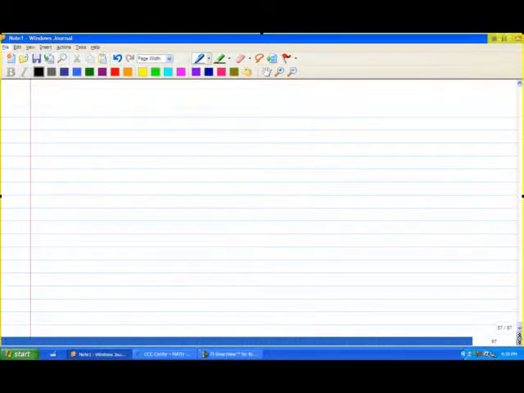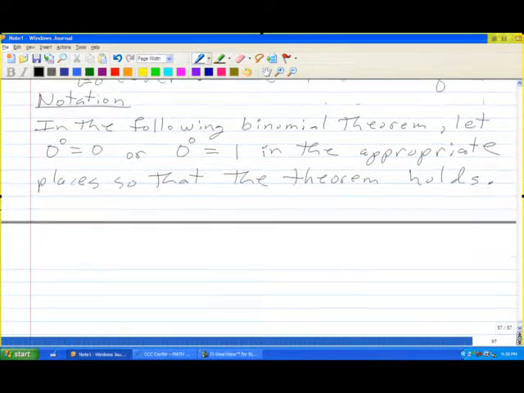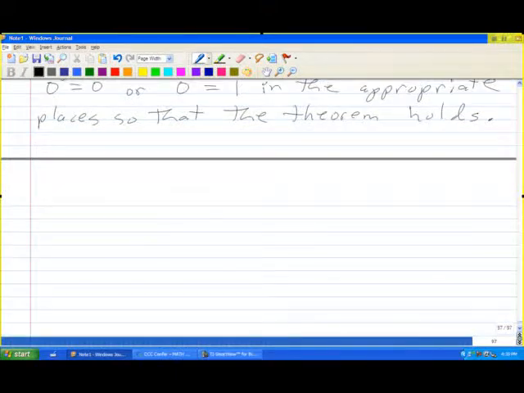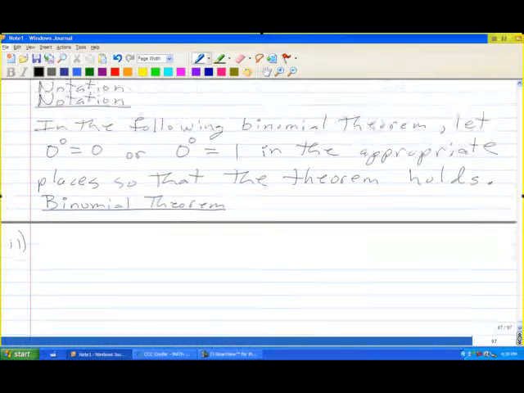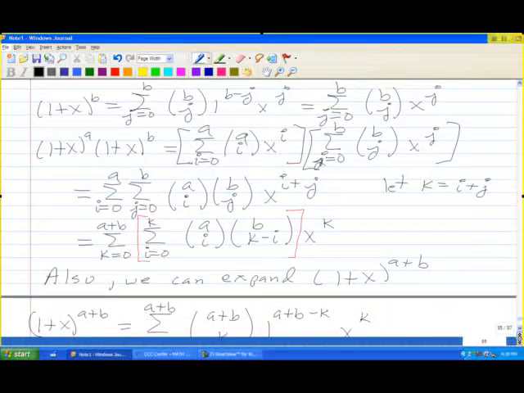So I'll assume that I can prove this in the case that each of these terms is not 0. So let me state the binomial theorem, which I guess is the 11th one. Was that 11 or 12? I just forgot.